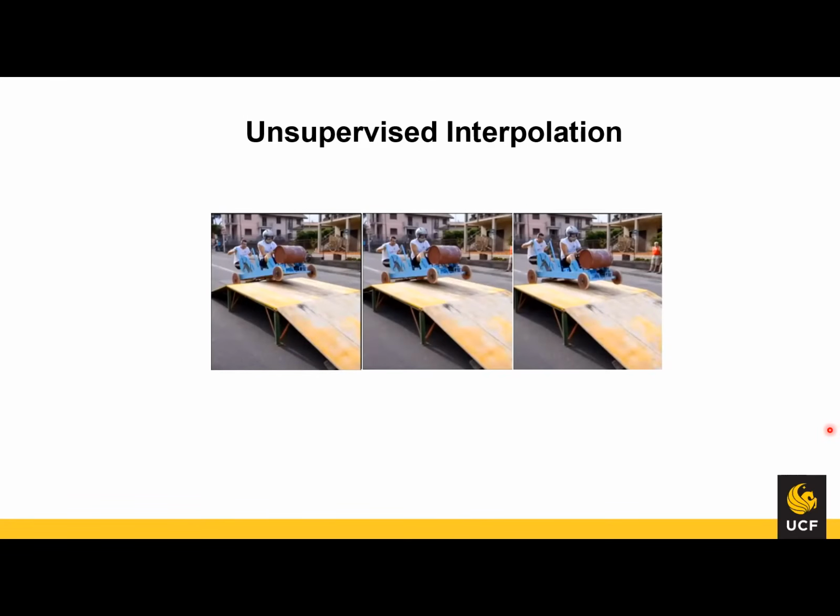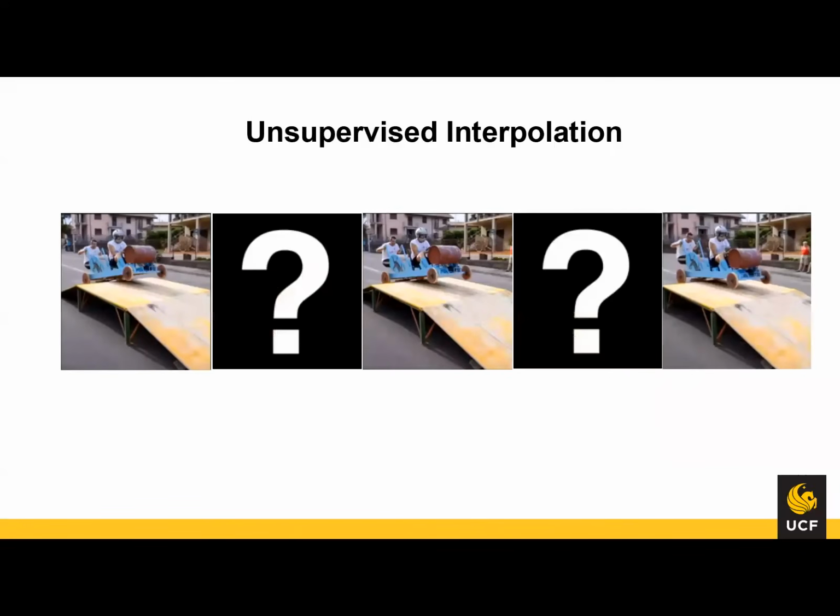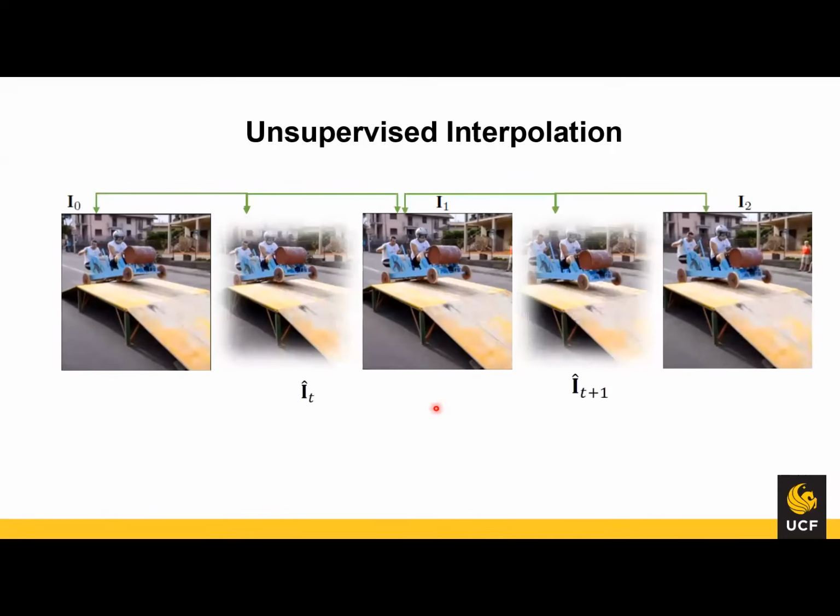So how is this done? Well, given a triplet of consecutive frames, 2 intermediate frames are generated between the consecutive frames, which you see here. So we're trying to generate 2 intermediate images given a triplet of frames. The paper labels these frames I1 for the first frame, I2 for the center frame, I3 for the final frame.